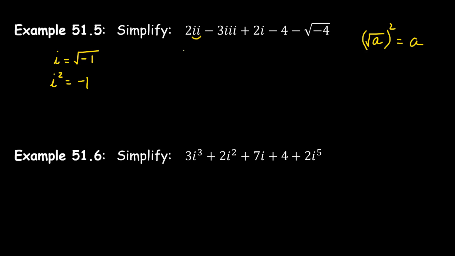So here you have 2i squared minus 3i cubed, so you've got 2 i's right there. I'm going to call those i squared, and then you have 1 i left over, so I'm just going to put that there. Then plus 2i minus 4 minus the square root of -4.